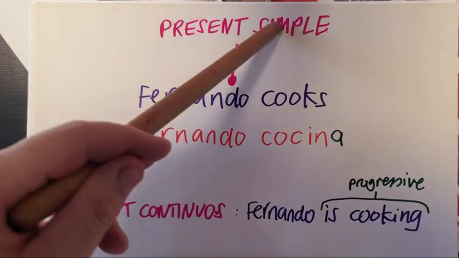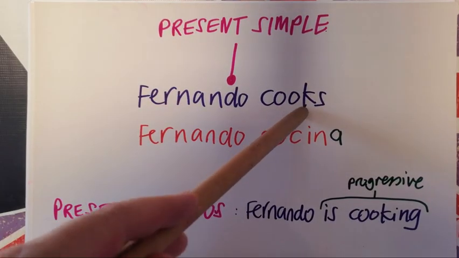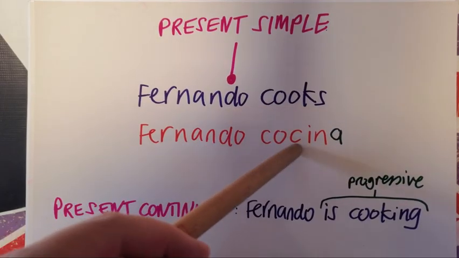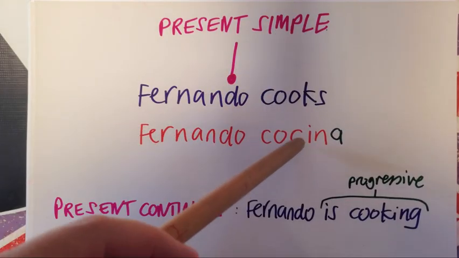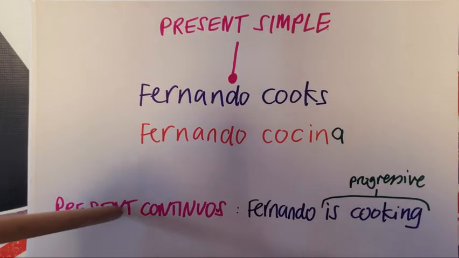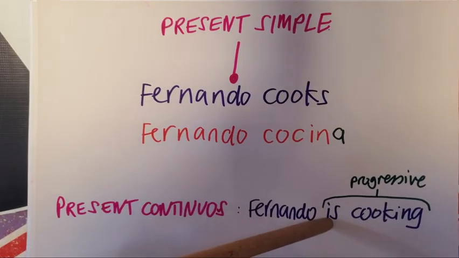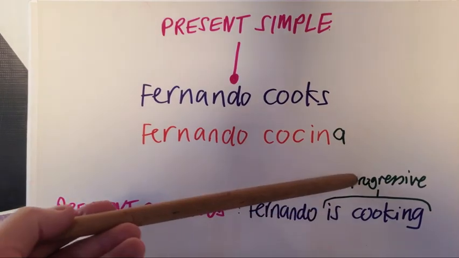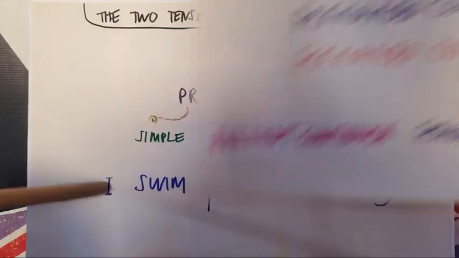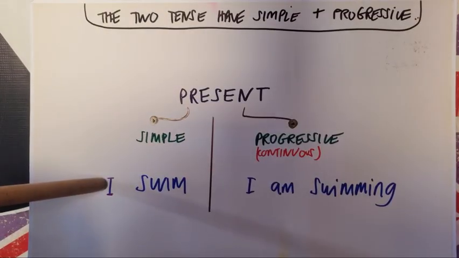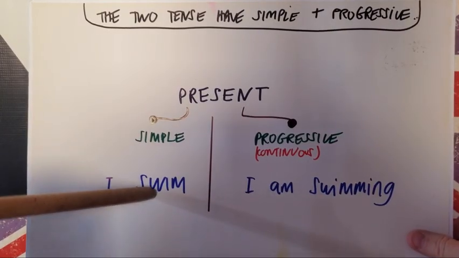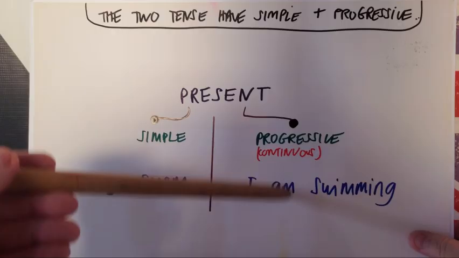So the present simple, i.e. just one word of the verb: Fernando cooks, Fernando cocina. Present continuous: Fernando is cooking. It shows a progressive action. I swim, simple. I am swimming, progressive.